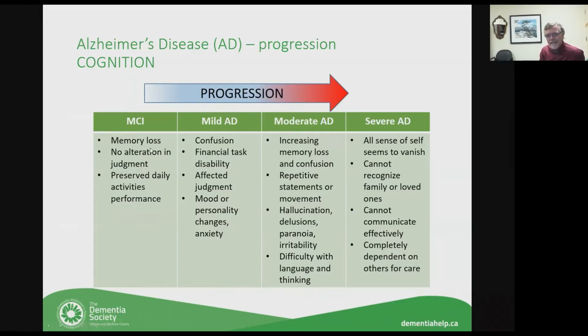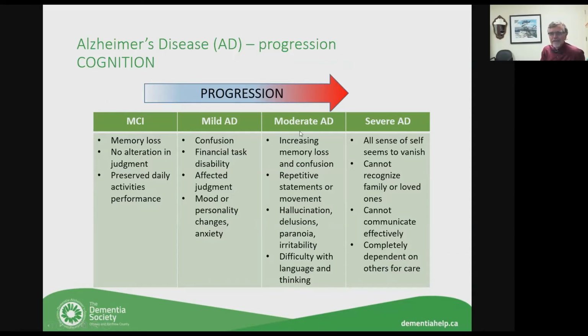But as they accumulate, you go from mild cognitive impairment to mild Alzheimer's dementia, to moderate Alzheimer's dementia, to severe Alzheimer's dementia. And you can see initially it's the memory loss, and daily activities are preserved. You get more confused. Financial tasks become difficult. Remember, those are sort of the more complicated things we do. A little bit of judgment difficulty, maybe a little bit of mood change.